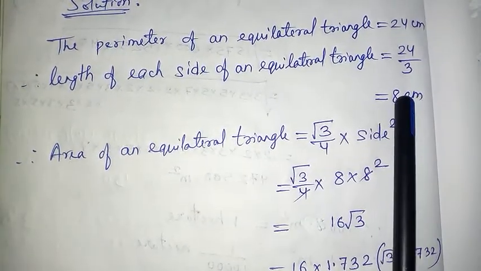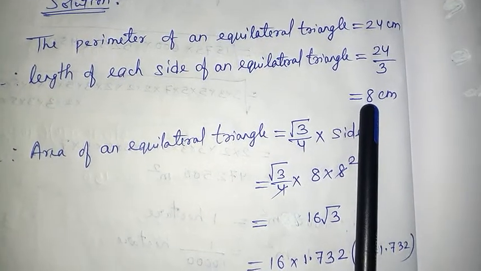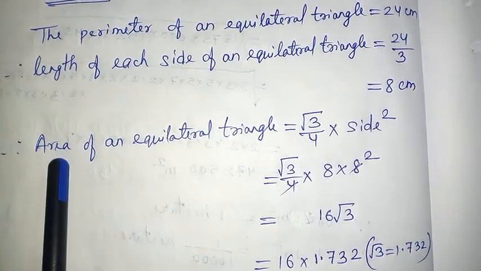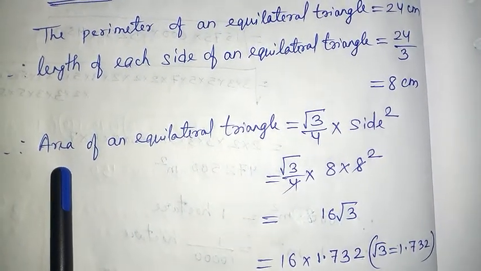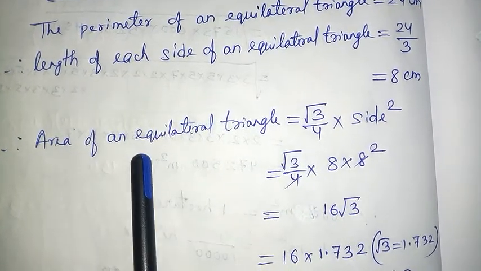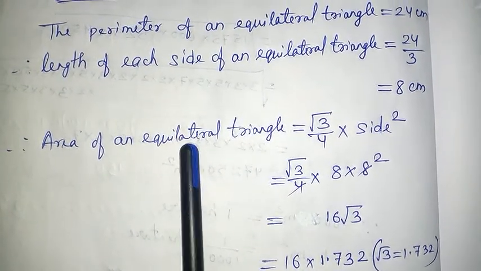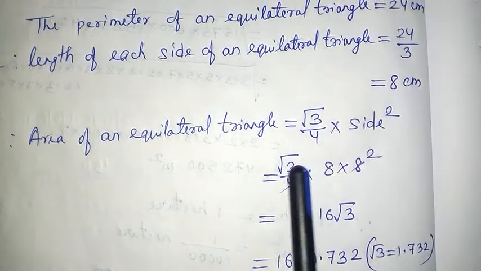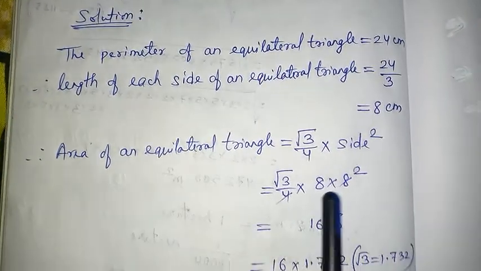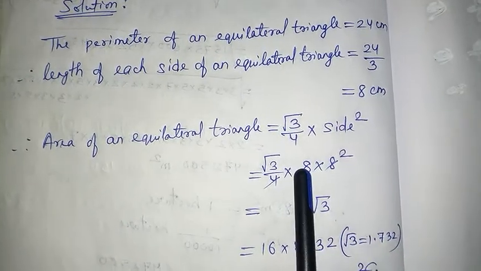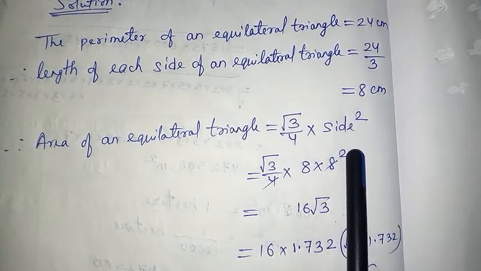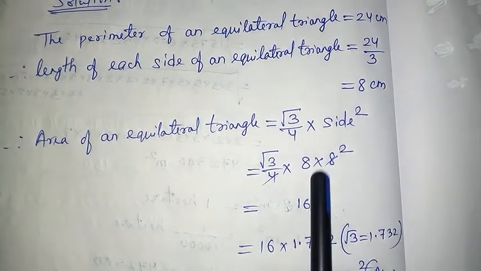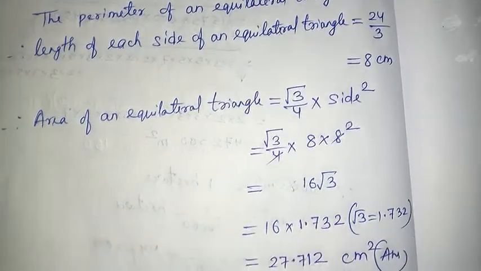Now we came to know the length of each side of an equilateral triangle. Therefore we can now easily get the area. Area of an equilateral triangle is equal to root 3 by 4 into side square. Root 3 by 4 into side, which is 8. 8 into 8, 4 into 8 is 16. 16 root 3.